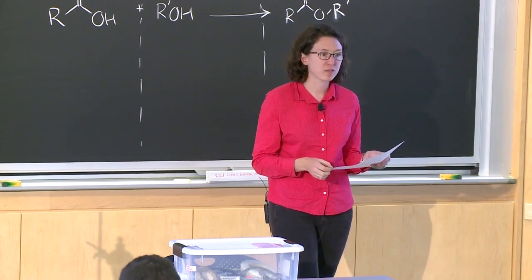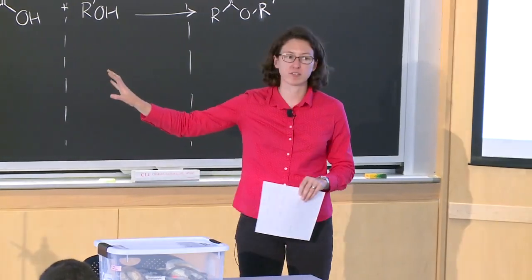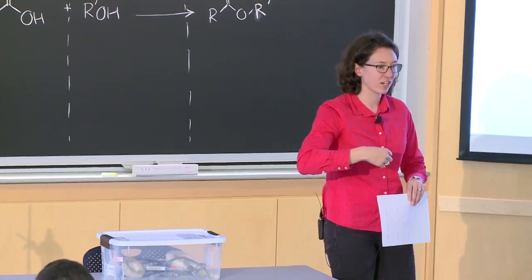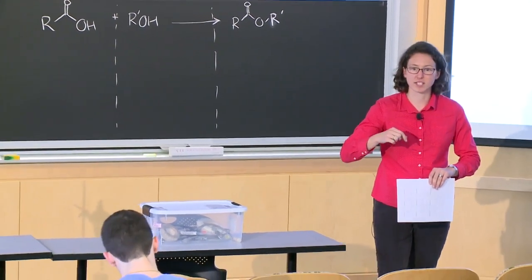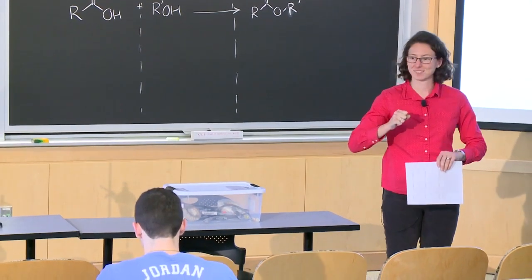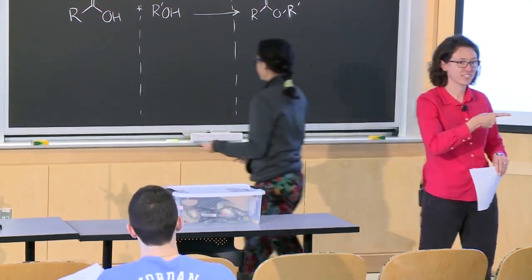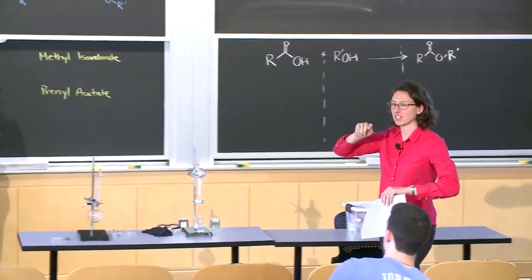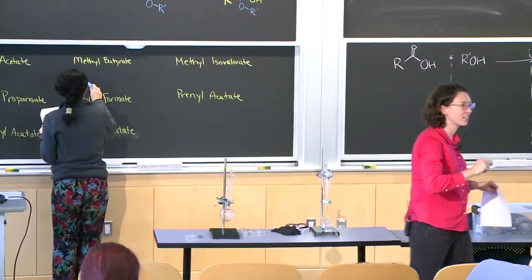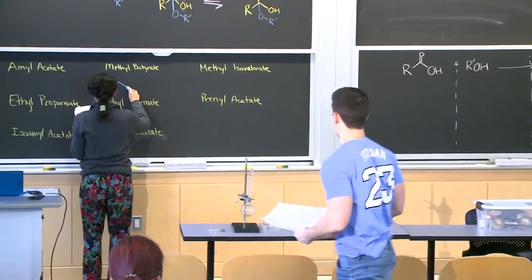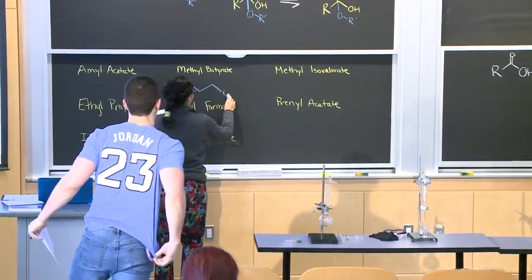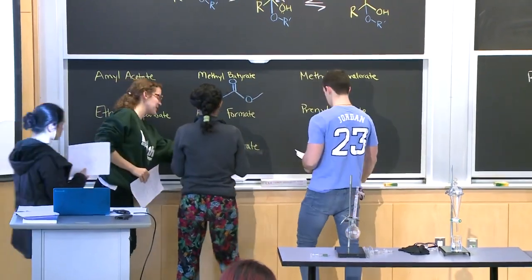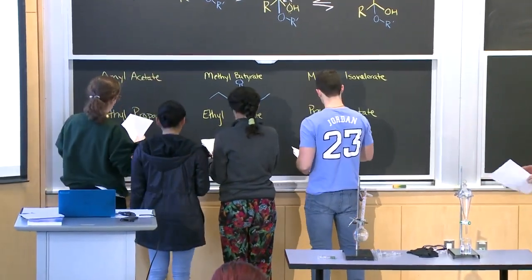All right, can I get a few people to come help draw some of these on the board? If you have drawn some of these on your paper, go for it. We're going to need a few other people or else this is going to take forever. Excellent. Wonderful. Anyone from the back want to come down? Go for it. Thank you. Don't worry if it's wrong. If you want to draw more than one, go for it.